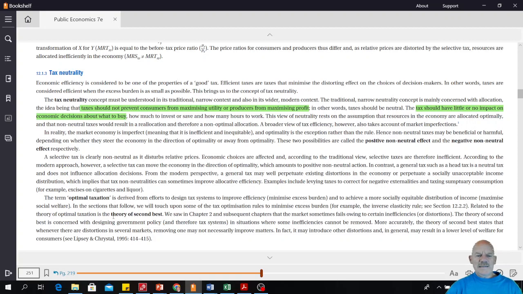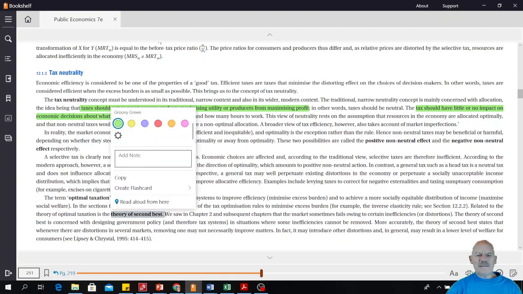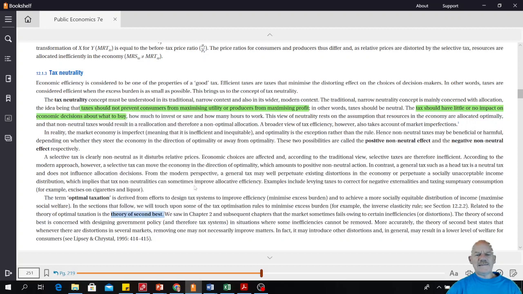But there's something like the theory of the second best, and that says that we don't start at an optimal position. We very often in real life start at a non-neutral position. It's already non-neutral. And if we then move away from that position, we could have a positive non-neutral effect, if we move in the positive direction and we improve the situation of the economy.